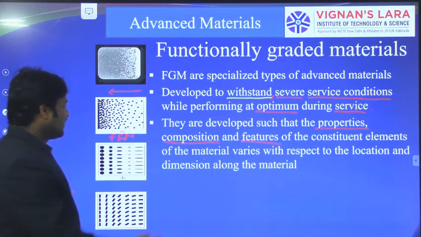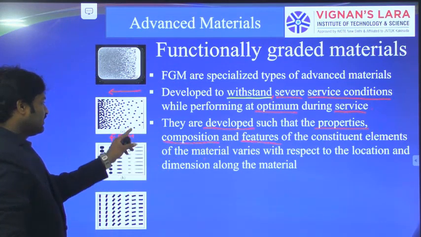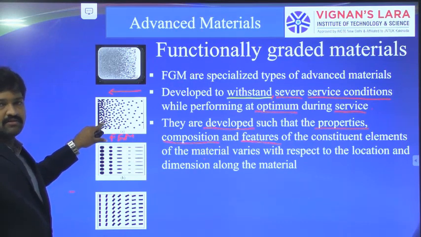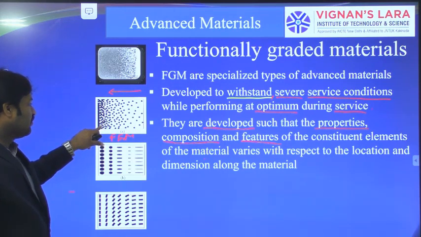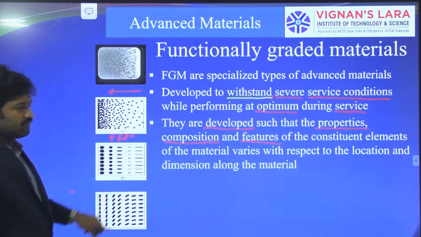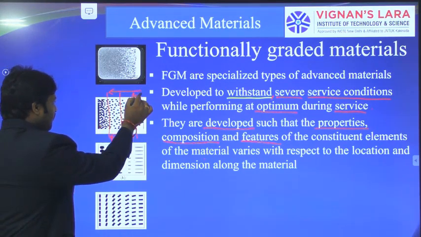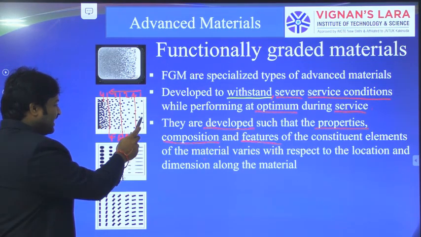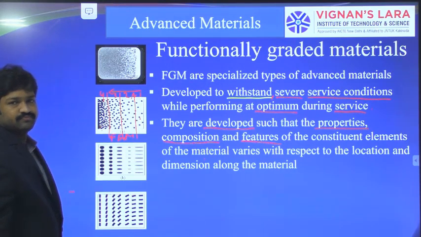So these materials are developed such that the properties and the composition vary. Here the composition is varying. Maybe the graphite particles are higher here. If you consider an example of copper and titanium, here the titanium particles are more compared to the first portion. If we segregate this component into 4 parts, 1, 2, 3, 4, the composition in the first portion and in the fourth portion is different.